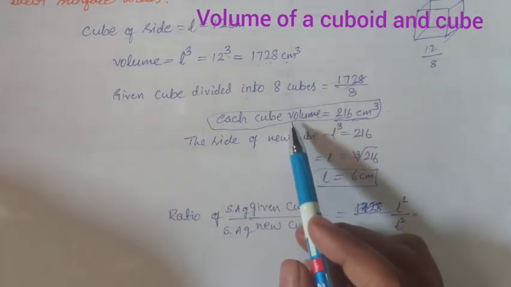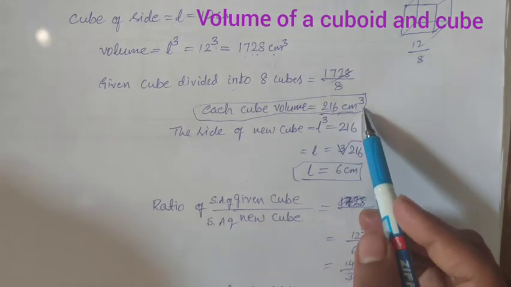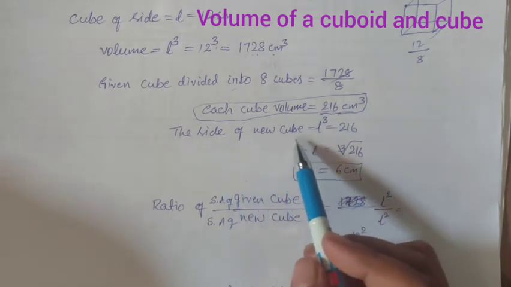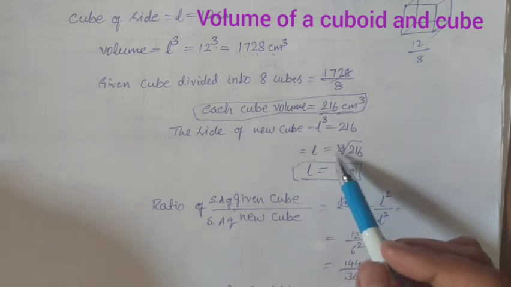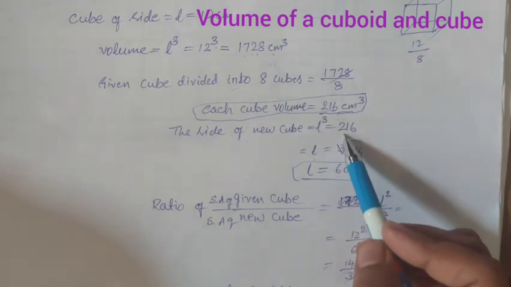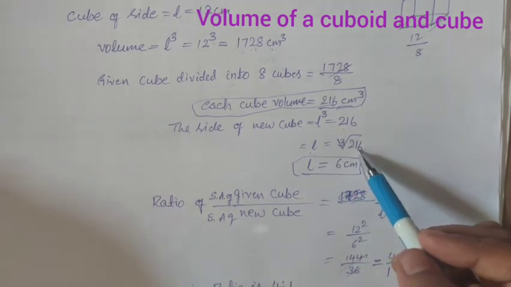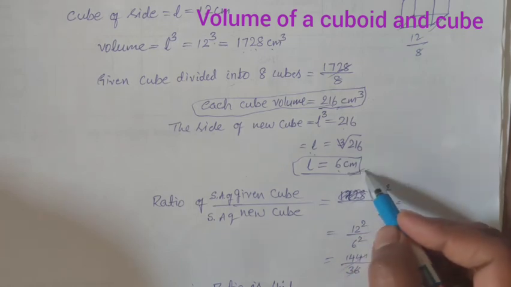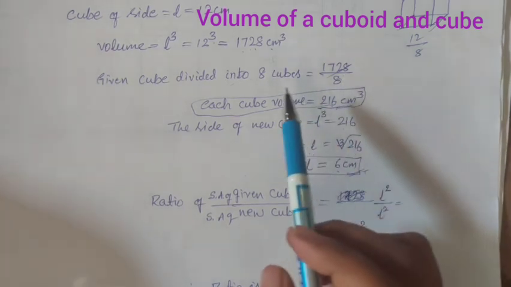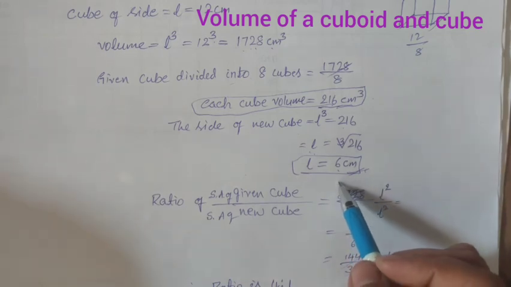Now we can find the side of the new cube. The new cube volume is 216 centimeter cube. Therefore L cube is 216, so L equals cube root of 216, which is 6 centimeter. Therefore the side of the new cube is 6 centimeter.